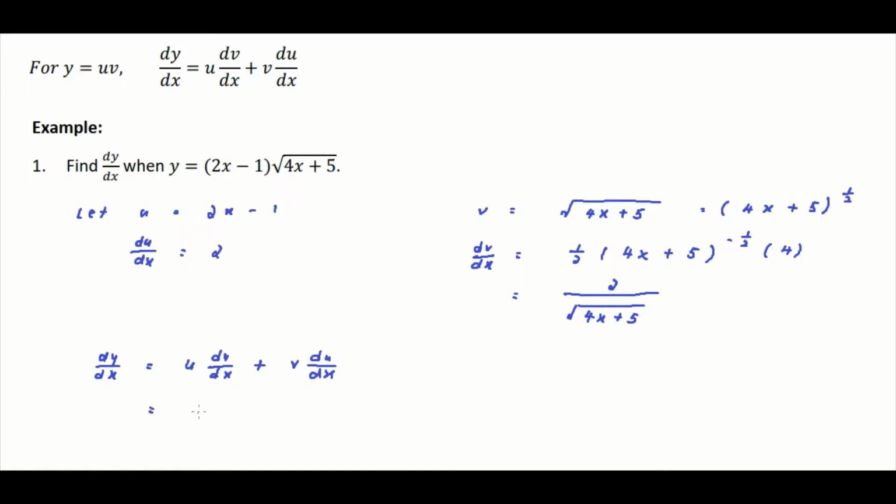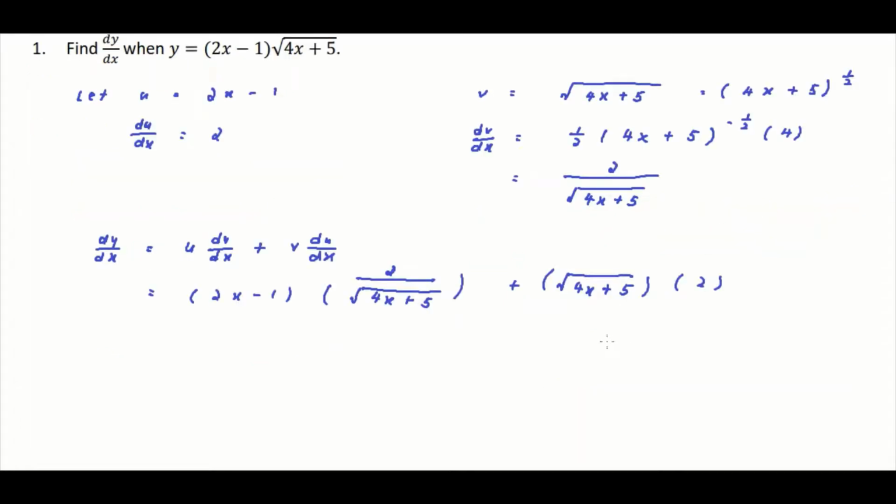Okay, so substitute your u, substitute dv/dx, then after that plus your v, and then du/dx, which is 2. Alright, then you just continue to solve it out.